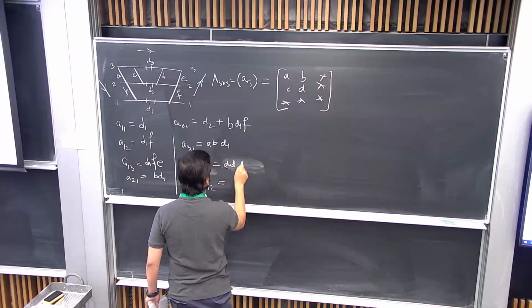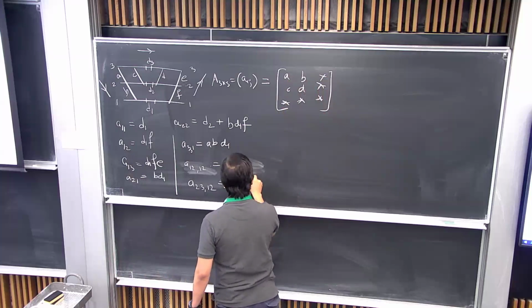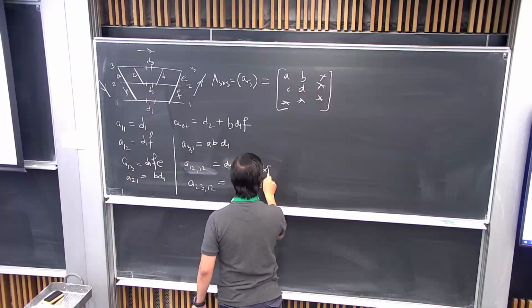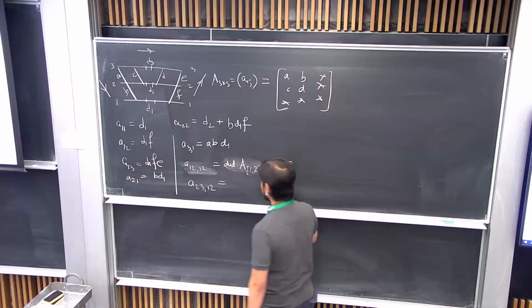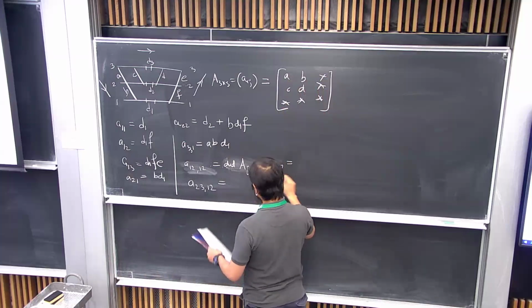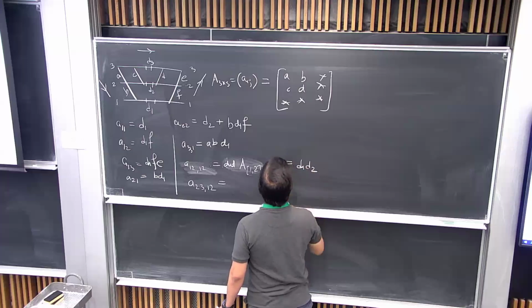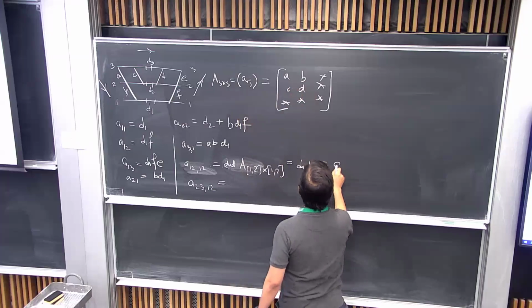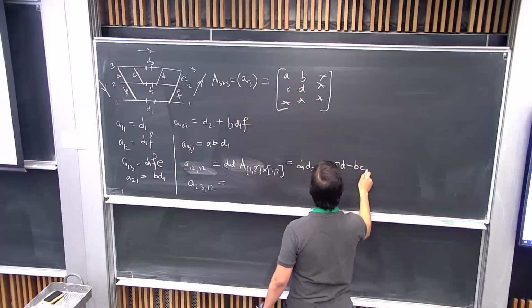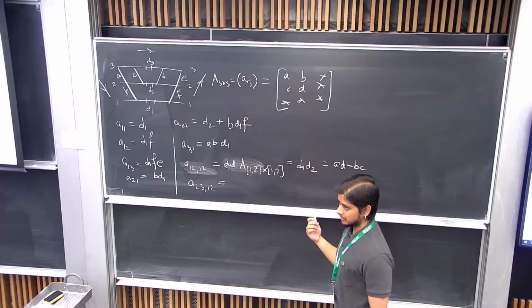This is the determinant of A. A12 is D1 times, and if it is a 3 by 3, this is just AB minus BC. This is going to be equal to that.